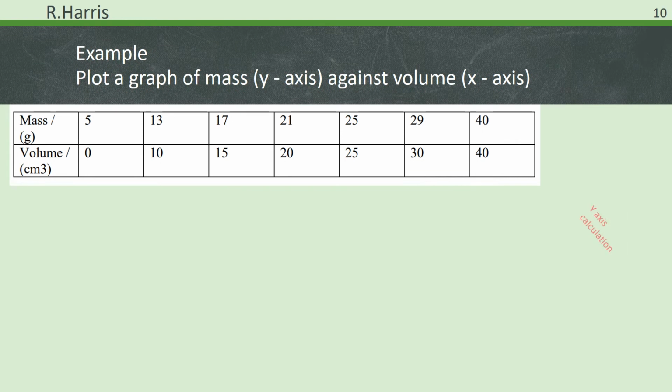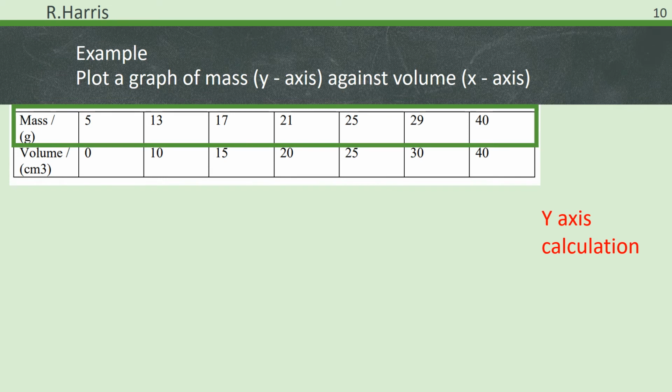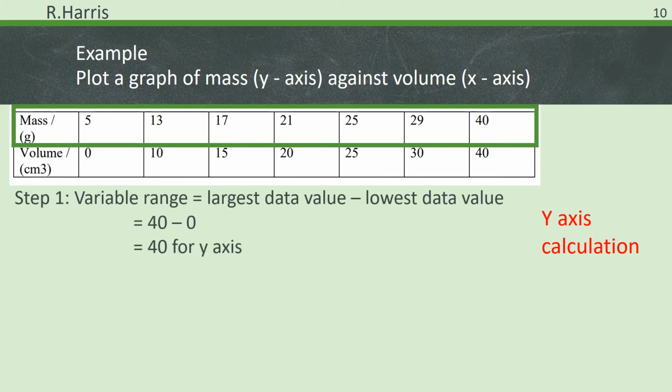Now let's move on to the y-axis calculation. If we read the question again, it states that we are plotting mass against volume. This means that mass will be on the y-axis. Thus, we look at mass in the data table. Step 1 states that we calculate the largest data value minus the lowest data value, which is 40 minus 0.